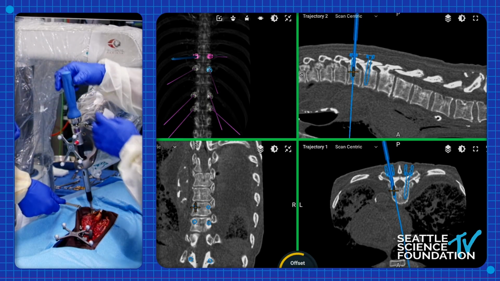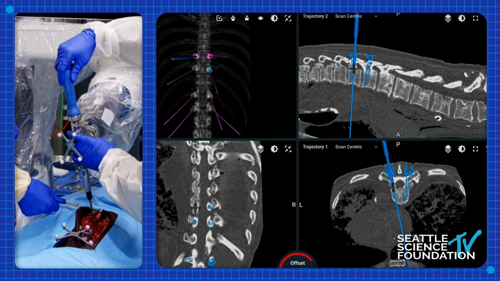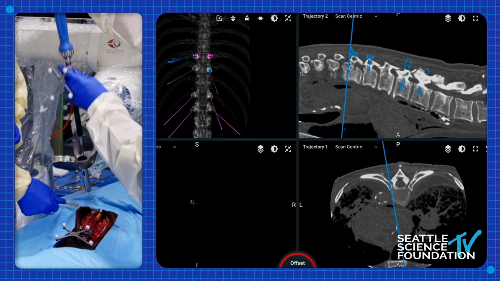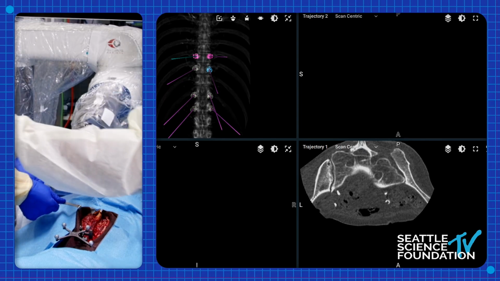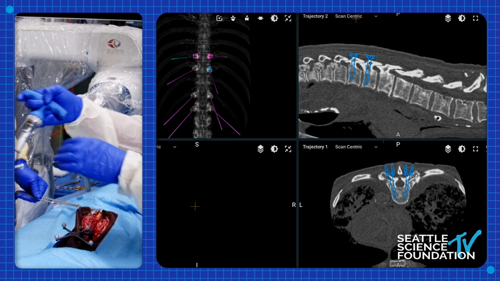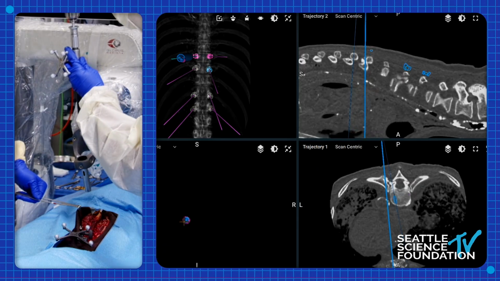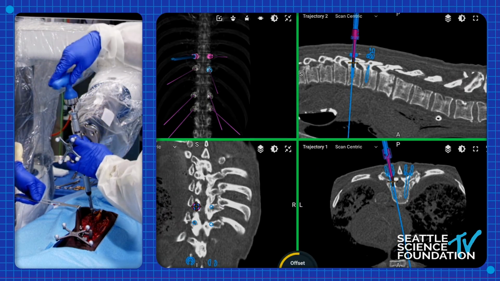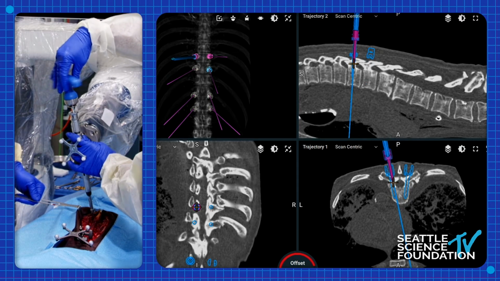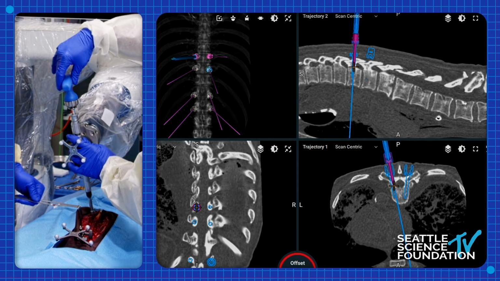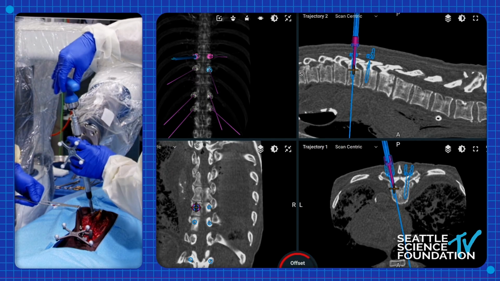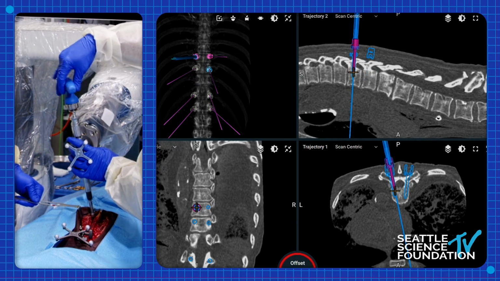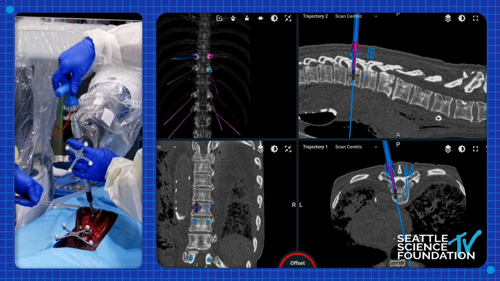If I'm concerned about how sclerotic the bone is, I will tap it way down. But that allows us to have a little bit easier insertion if it's already pre-tapped. There are screws, and some companies have them, where they're sharp-tipped on the end, and I actually prefer the ones that are a little rounded. And by tapping it, it allows it to feed in a little bit easier.